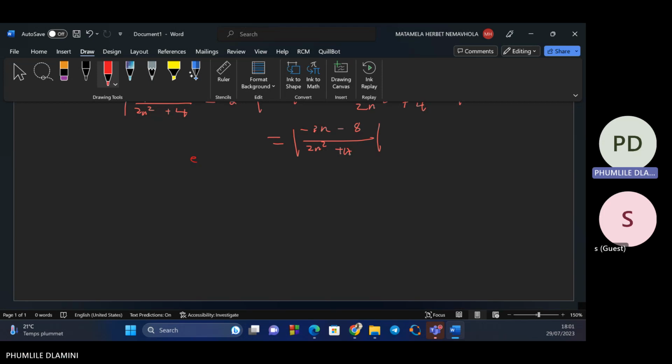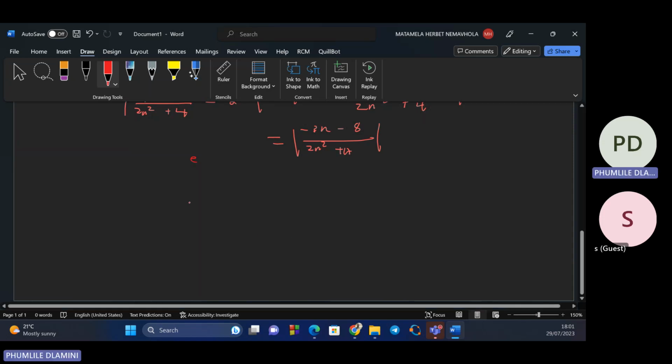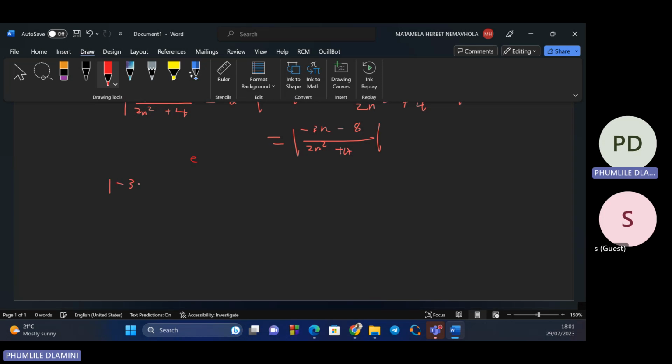Let me check quickly. If we check some estimation, you will see that the absolute value of 3n minus 8 is going to be less than or equal to the absolute value of 3n plus 8n.